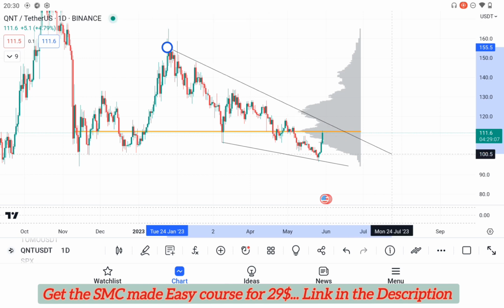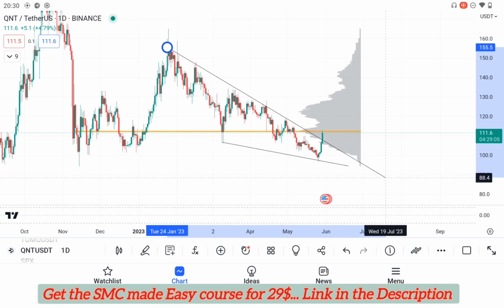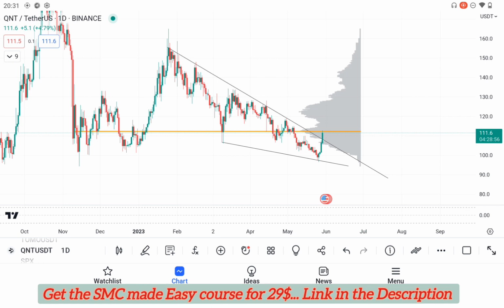All right, so this is it, touching all the key areas. We can see that as it stands, we're actually breaking out from this formation on the daily time frame.